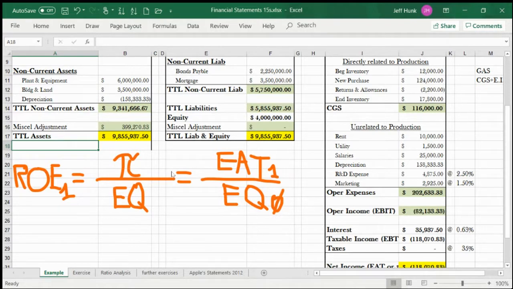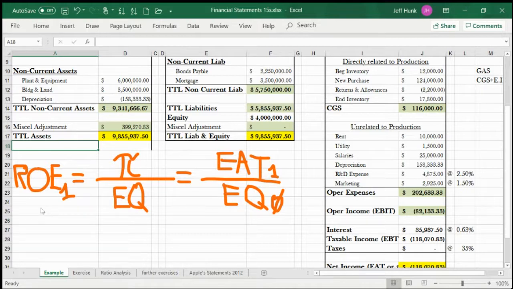Profit is measured as the result of the workings of equity that was in place at time zero, and that equity worked hard for 1 year and produced this result. So the EAT at time one is the fruit of the workings of the equity at time zero. Make sense?